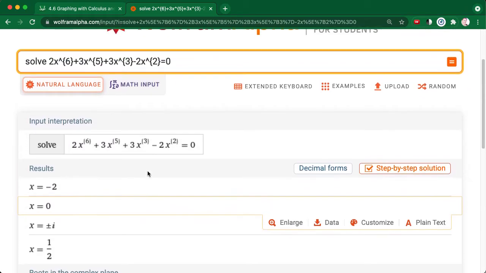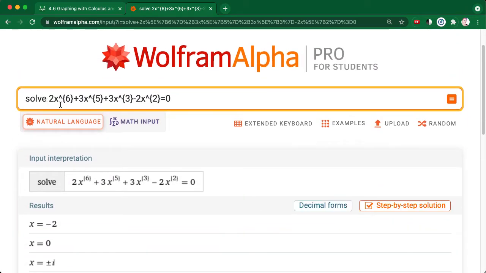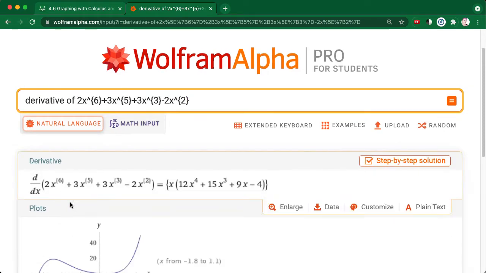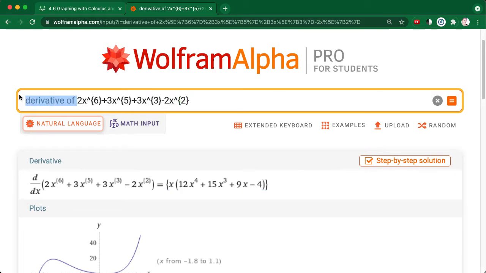You just use the words that you want to use. It will also calculate derivatives, so I can ask for the derivative of this. And you might want to use the shorthand notation, that's d over dx of this, and put it in parentheses.